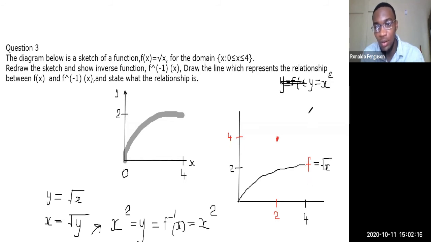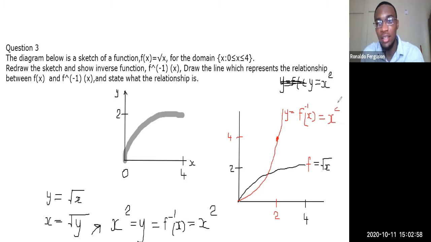When x equals 4, x squared is 16. So the quadratic curve is going to look something like this, going all the way up. This is the graph of y, which is f inverse of x, and this is equal to x squared.